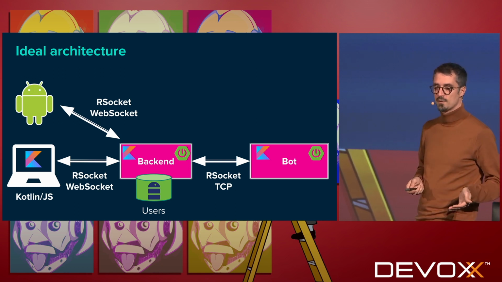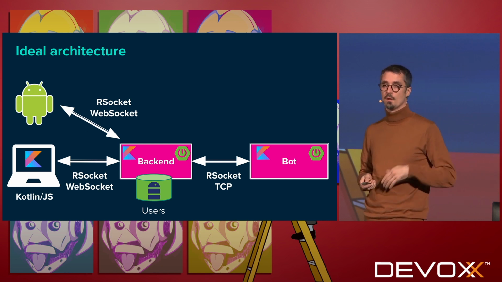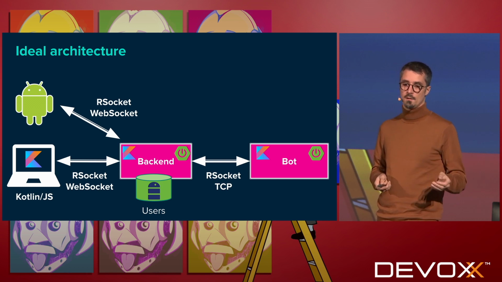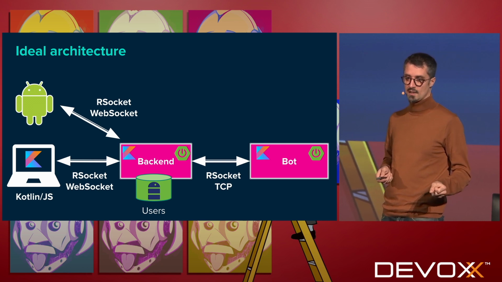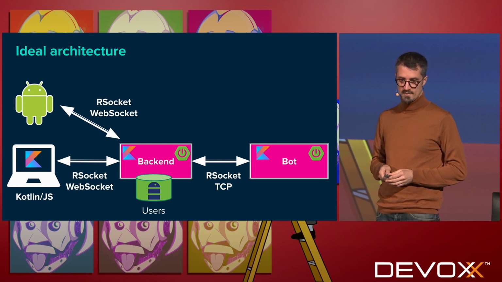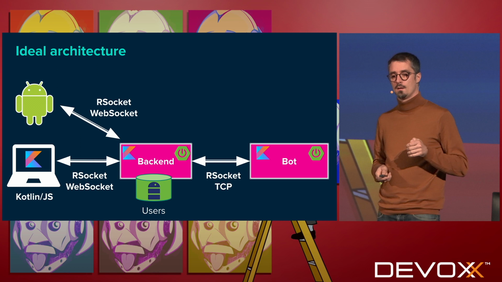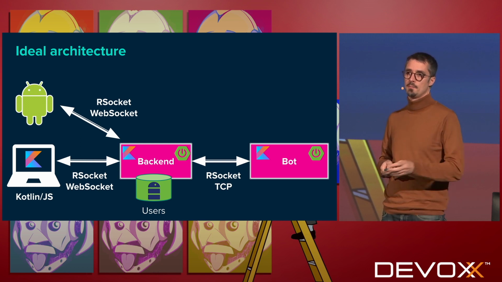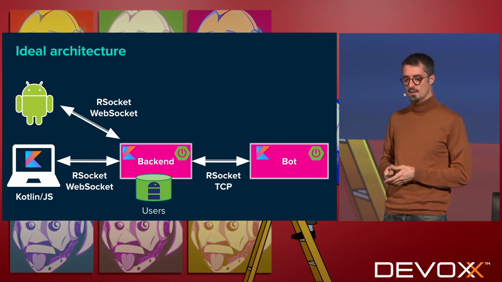So it's possible to use RSocket.js for the front end, and also to use RSocket on Android, because there is a JVM RSocket client that can be used on server side and on Android side. Currently, it only exposes a Reactive API with Flux and Mono, but it should be easy to define some extensions to convert it to coroutines, and I think that will be done shortly.